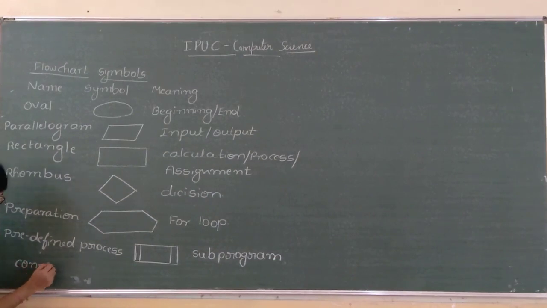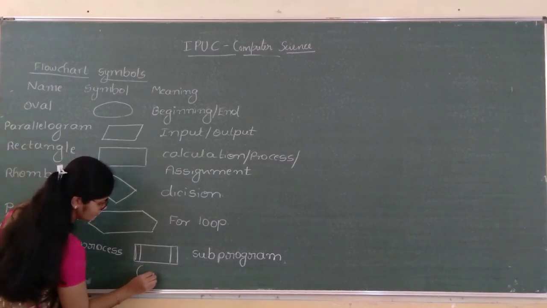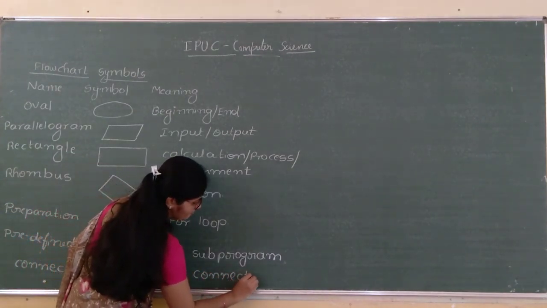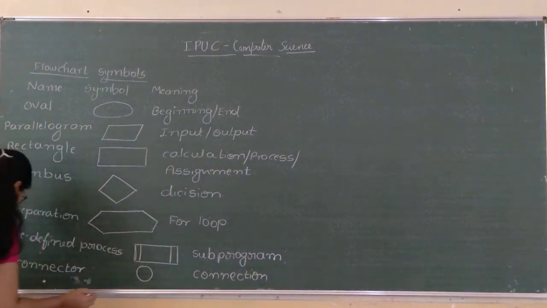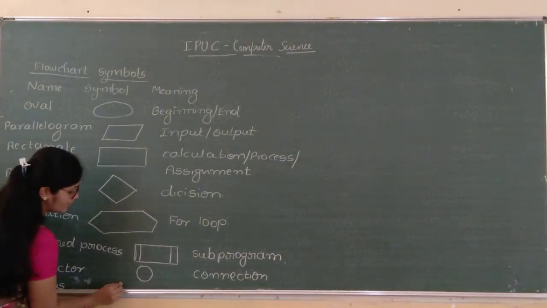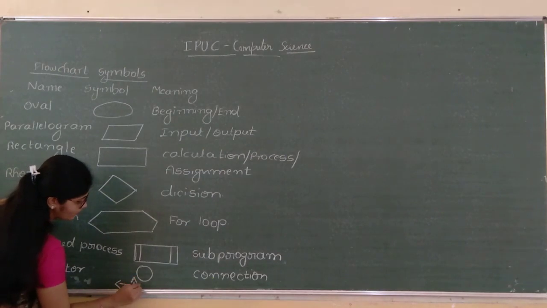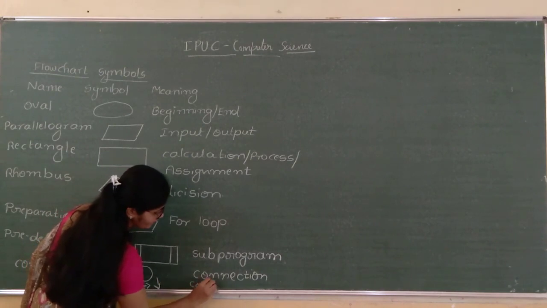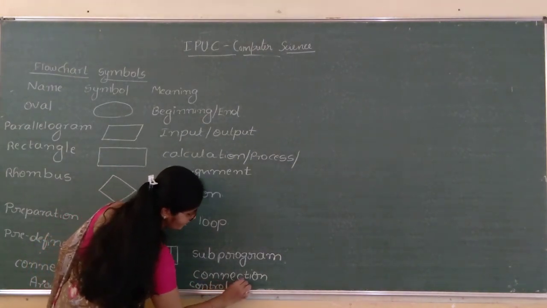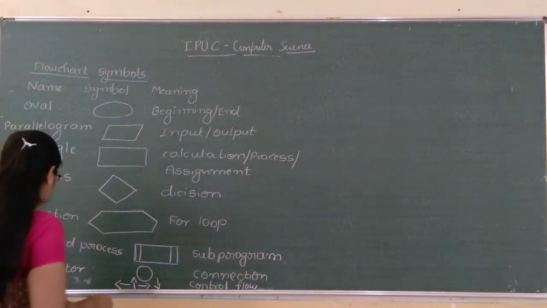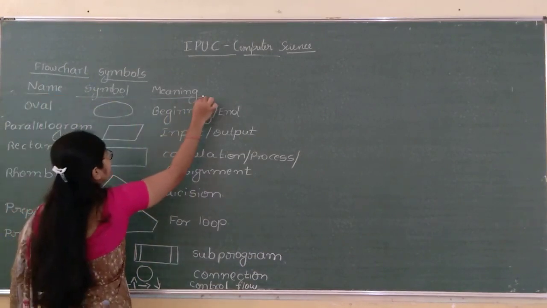Next, connector, connection. Arrows: left arrow, up arrow, right arrow, down arrow denotes control flow. Okay, these are the different symbols used in flowchart.